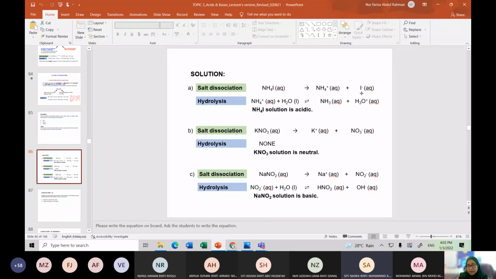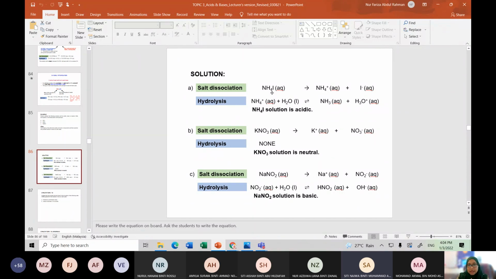Normally the conjugate that comes from either a strong acid or a strong base will not react with water. It is very weak, and because of that, it will not react with water.